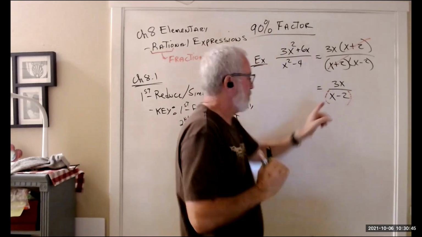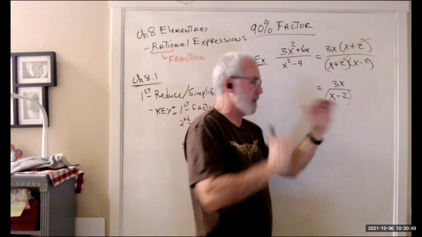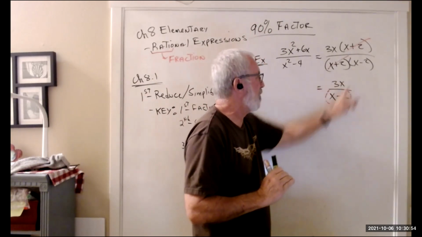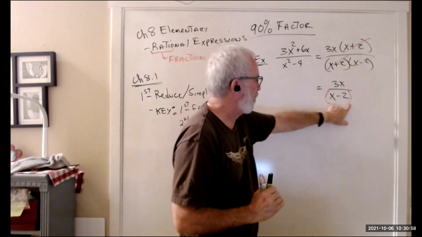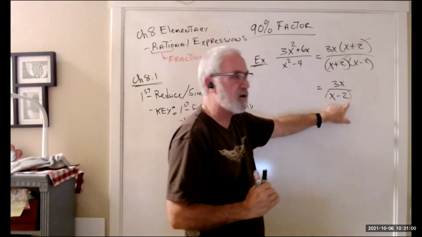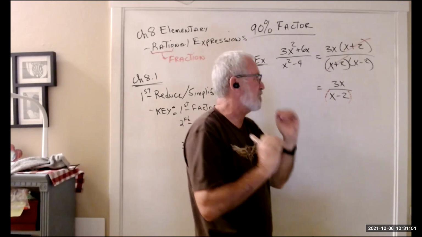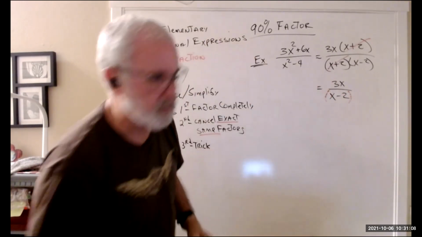Okay? The temptation is to cancel the x's. You can't, because that x minus 2 is still a quantity, even though we didn't write the parentheses. So the way I like to teach it is I will still keep the parentheses there as a reminder to myself that that's a quantity still. This is the answer. You're done.